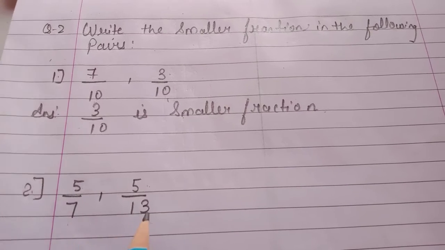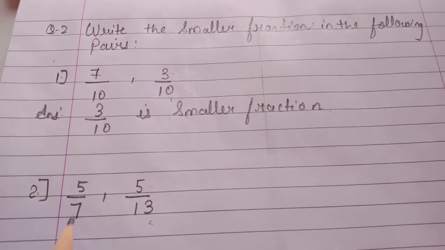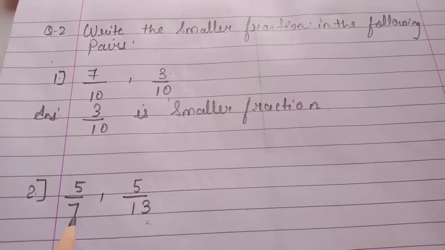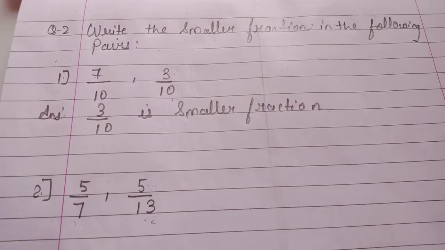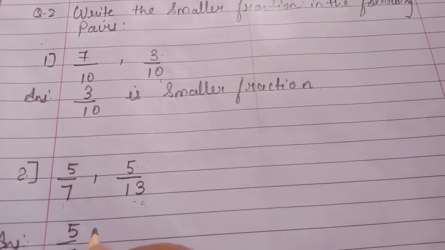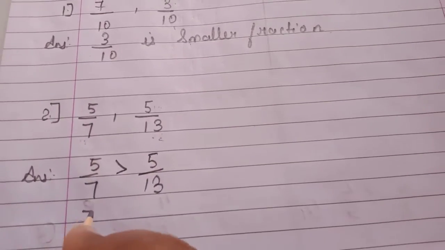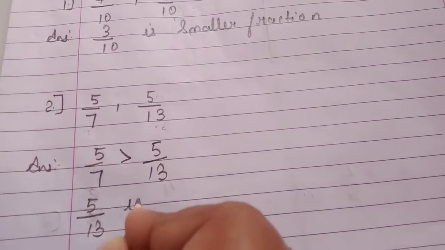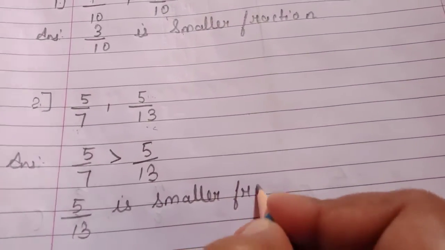Which denominator is smaller between 7 and 13? 7, so 5 upon 7 is greater, and 5 upon 13 is smaller. So we will write 5 upon 7 is greater than 5 upon 13, so 5 upon 13 is the smaller fraction.